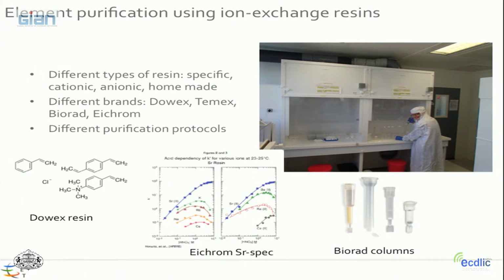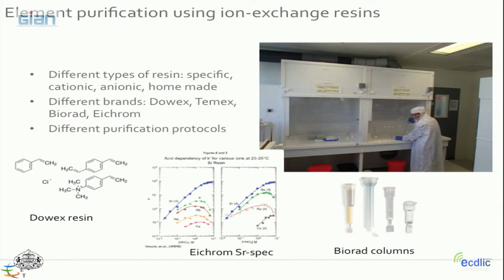And the way you separate, in fact, you are playing with the property of this resin, and globally, this is an exchange, because you are in a water-based solution, between the H+ concentration, the acidity, globally the pH of your media, and your element.